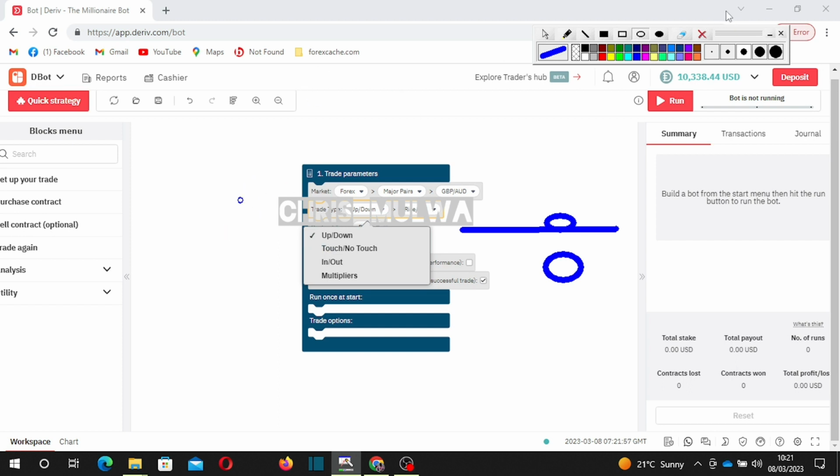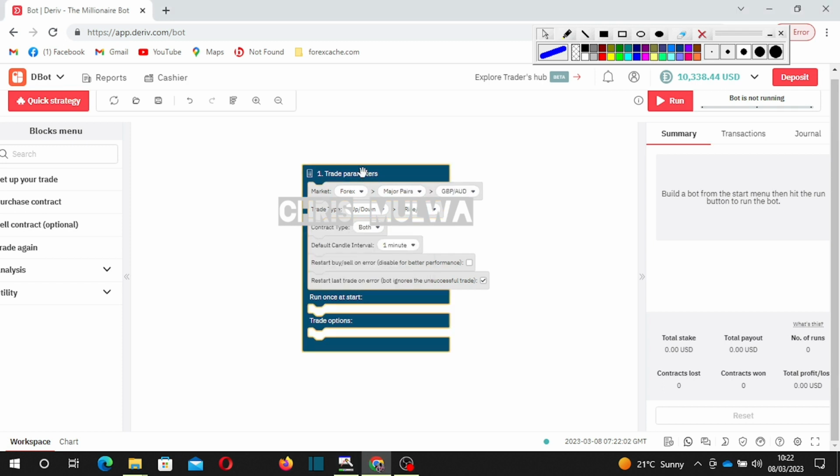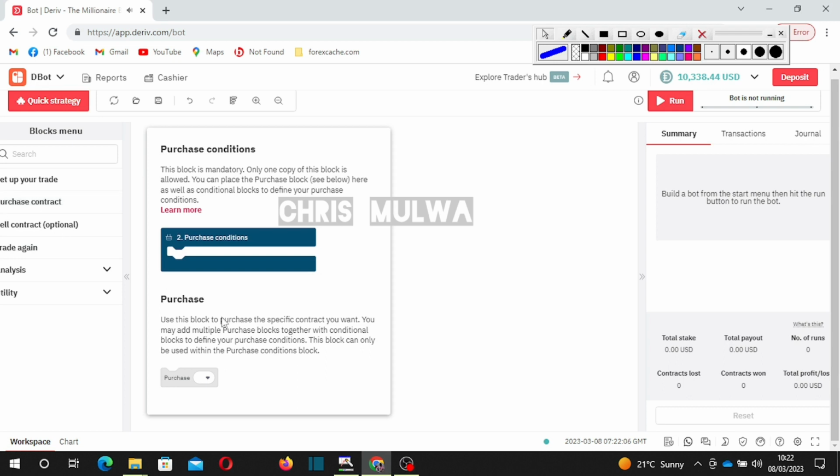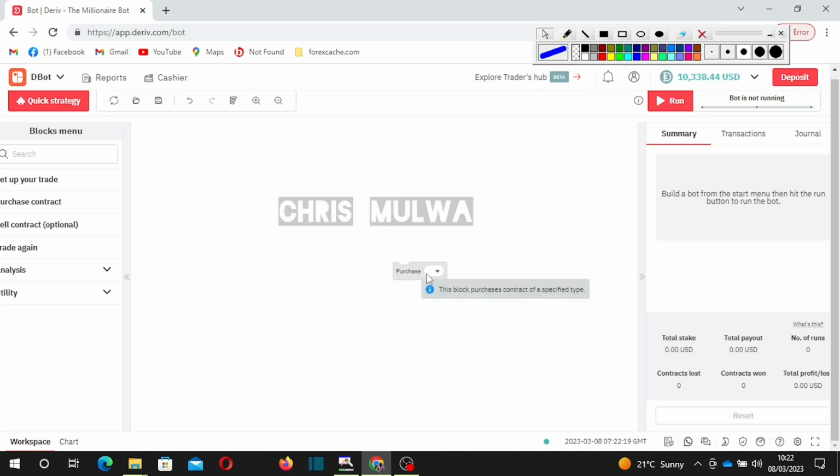I can delete this block. I can delete this block. So we have the purchase contract, so you can add this. I do not want to explain a lot about this because we do not have much time. So you can add the purchase contract and maybe put the options.